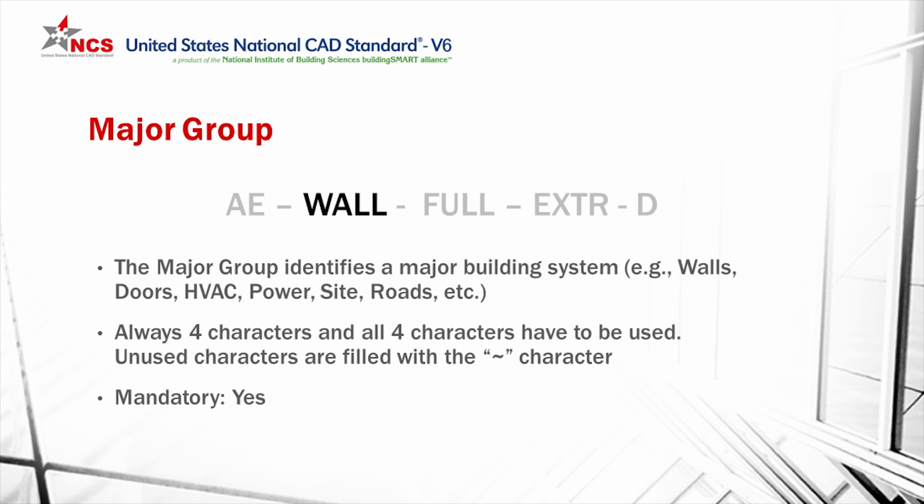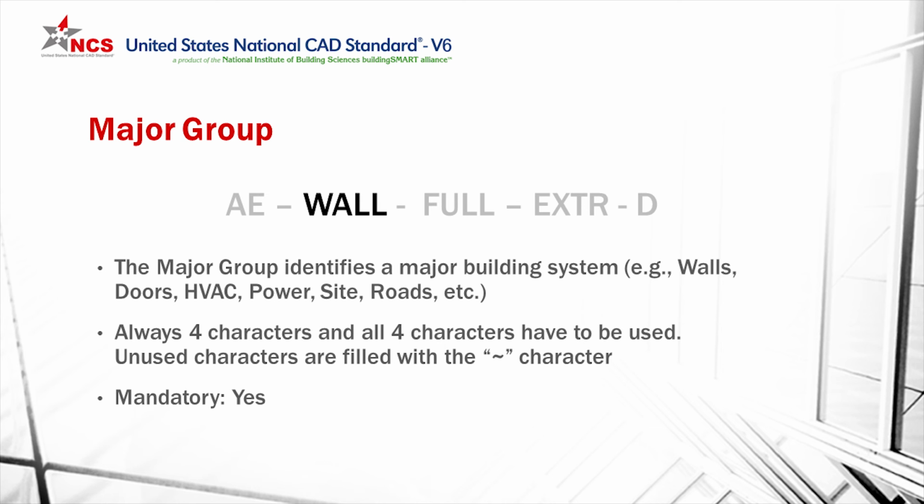Now, the major group, again, is always 4 characters, and all 4 characters have to be used. If you're not able to fill up the major group with 4 characters, the NCS recommends that you fill it with the tilde character. Is this mandatory? Yes. So you do have to use level 1 discipline designators, and you do have to use major groups.